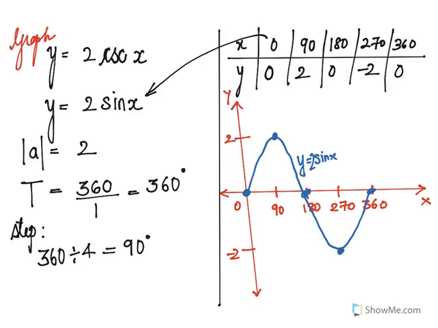The question asked me to graph the function 2 cosecant x. Now, cosecant is the reciprocal of sine. So what we have is, wherever the graph is 0, or wherever there is an x-intercept, I will have an asymptote.